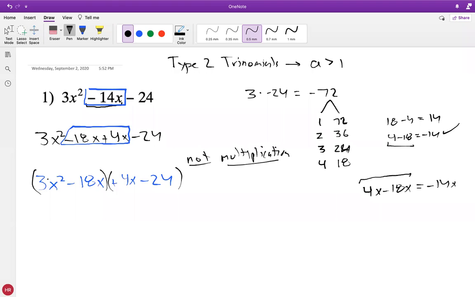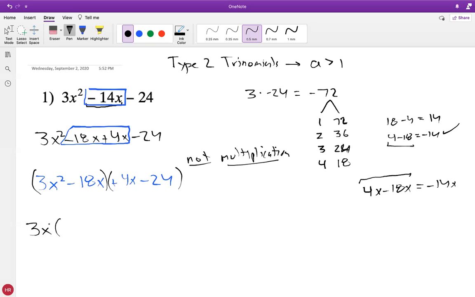And now I look at the 3x squared and the 18x, and I'm gonna say, what's the common factor here? The greatest common factor between 3 and 18 is 3. And the greatest common factor between x squared and x is 1x. So this has a 3x inside of it, and this has a 3x inside of it.